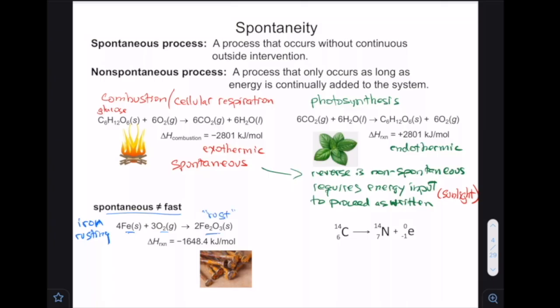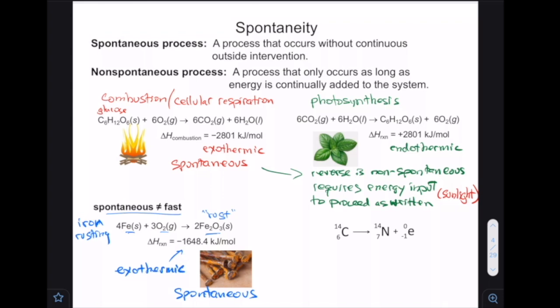This is still a spontaneous reaction. Anyone who leaves their metal things outside for a long period of time will realize that over time it will rust. But it doesn't happen instantly, but it's still a spontaneous reaction. Here's the change in enthalpy for that reaction. This is also an exothermic reaction.